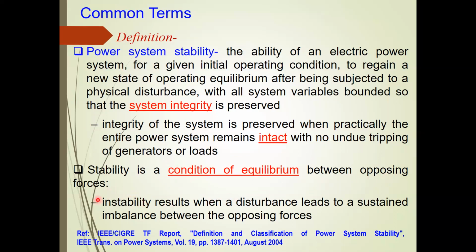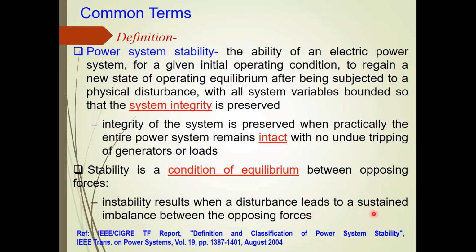Now, instability, the system may become unstable. This will occur if following the disturbance, you have a sustained imbalance. That means you continue to have some level of imbalance between these opposing forces.